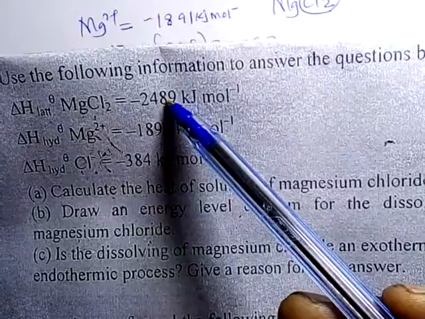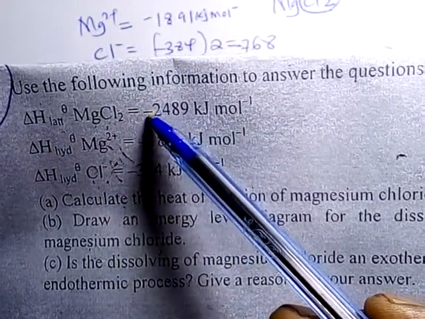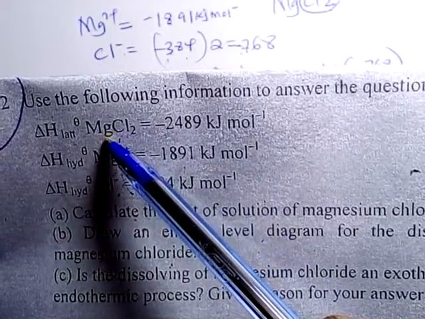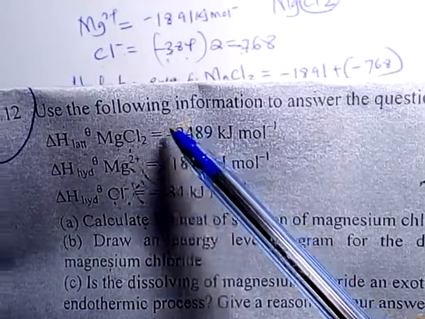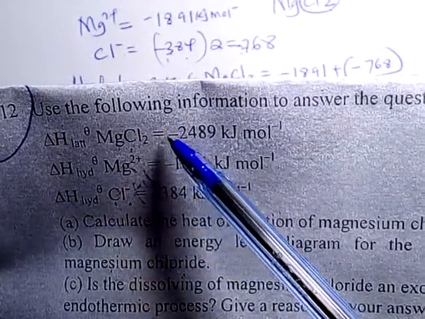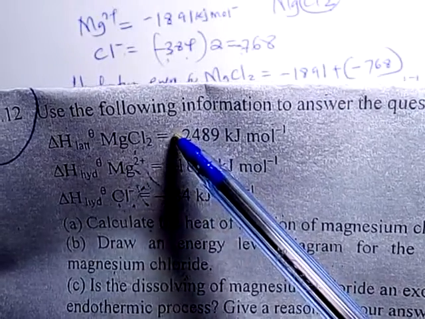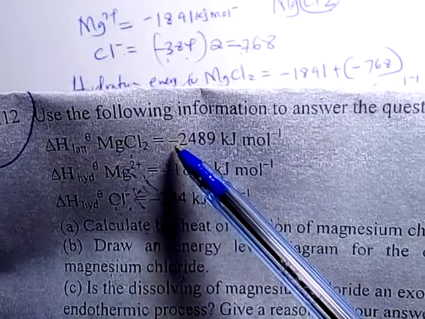We are dissolving magnesium chloride in water, so this negative has no effect here, because breaking magnesium chloride into magnesium ions in gaseous form and chloride ions in gaseous form is endothermic, because we are breaking bonds, and if it is endothermic, this value must be positive. So this negative sign should not scare you.